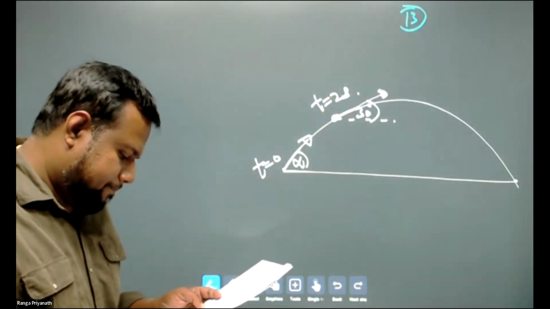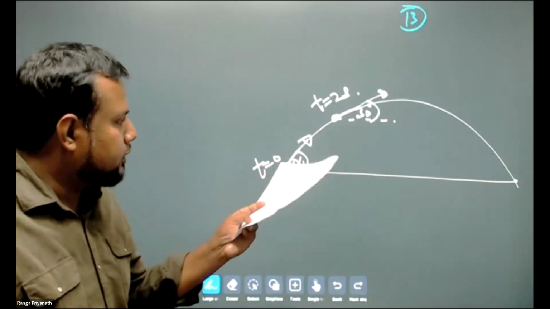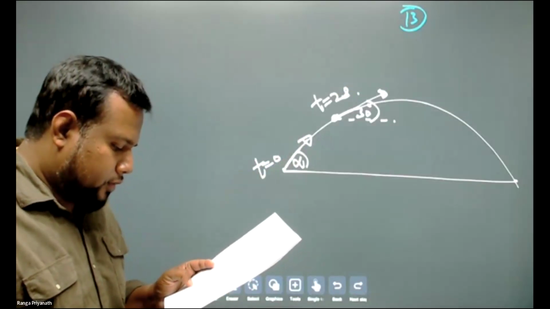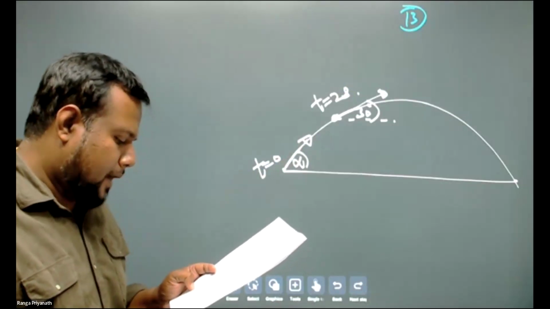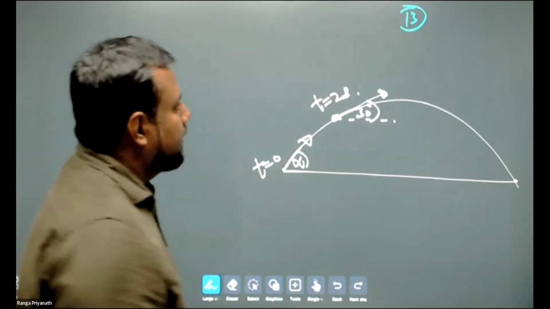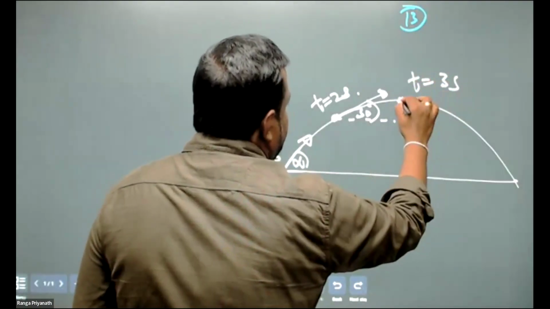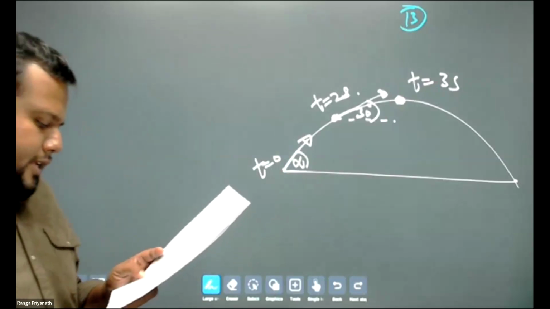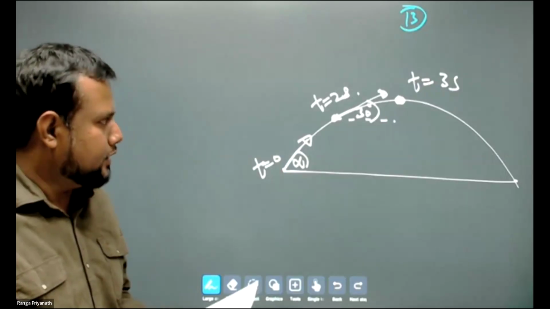An object, okay, 30 with the horizontal after 2 seconds. If the object moves to a maximum height in the next second, so that means at t equals 3 seconds, it comes to the maximum height. What is the projected velocity?